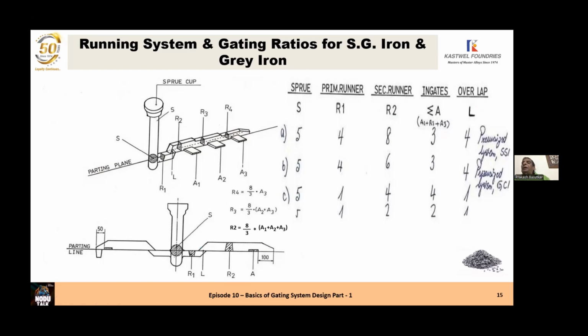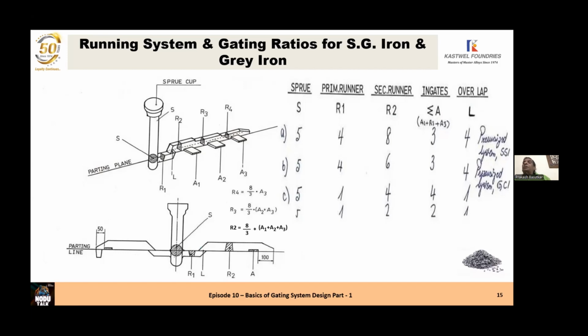Now let's come to runner R3. R3 is connected to runner R4 and it has got two ingates ahead of it, so the area of the ingate A2 and the area of the ingate A3. If you want to find out the area of the runner R3, it is equal to 8/3, the ratio in which runner and ingate areas are designed, multiplied by all the chokes ahead of R3.